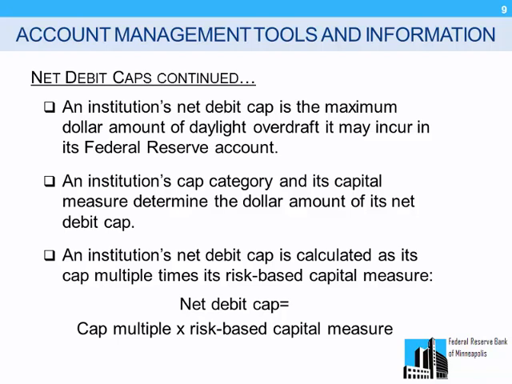We'll talk about the cap multiple on the next slide. We did think about defining risk-based capital here, but because it differs from type of institution to type of institution, we'll just refer you to Appendix C of the Guide to the Federal Reserve's Payment System Risk Policy on intraday credit, and we have a link to that on our resources slide.